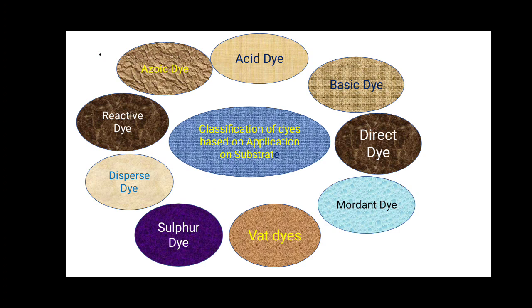They are classified into 9 types: acidic dye, basic dye, direct dye, modern dye, wet dye, sulfur dye, disperse dye, reactive dye and azoic dye. Let's discuss one by one.